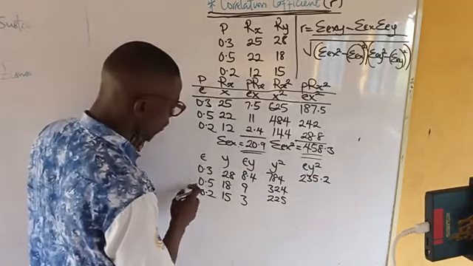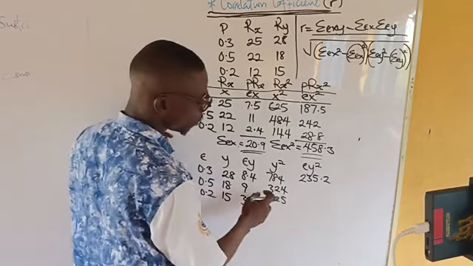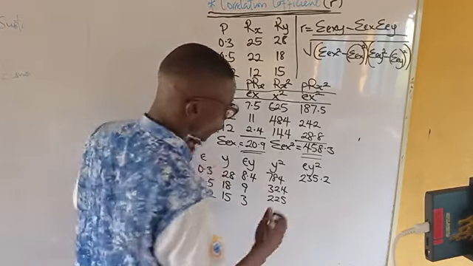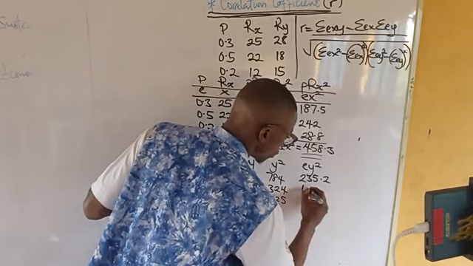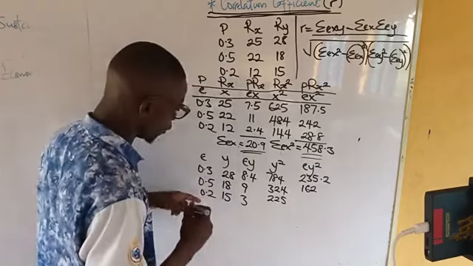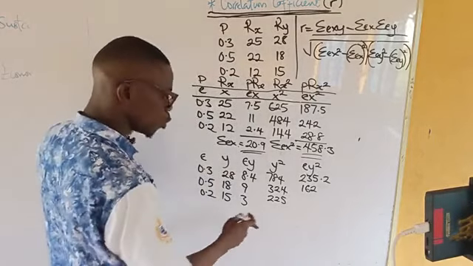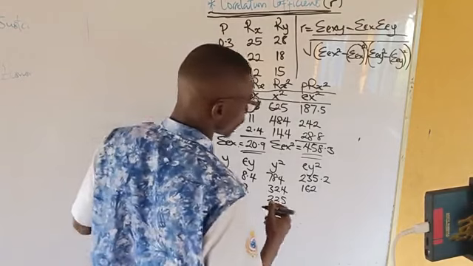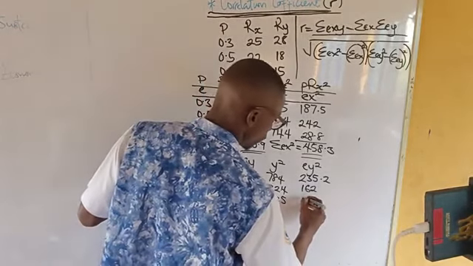Okay, thank you. Then 0.5 times 324 is 162. Okay. 0.2 times 225 is 40.